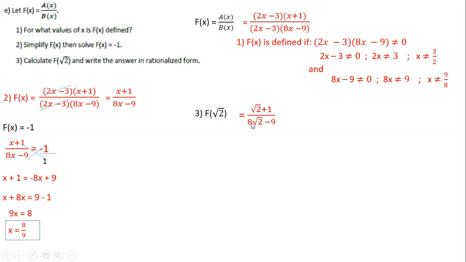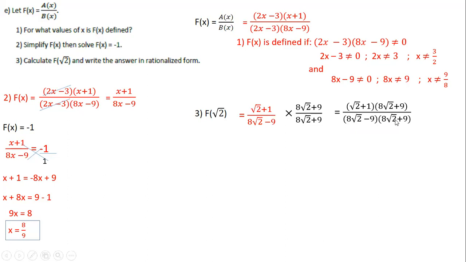So if I have 8 radical 2 minus 9, the conjugate, Yasara, is what? 8 radical 2 plus 9. Bravo. We multiply by the conjugate. It is a fraction. So if I multiply, I keep the numerator times the numerator over denominator times denominator.